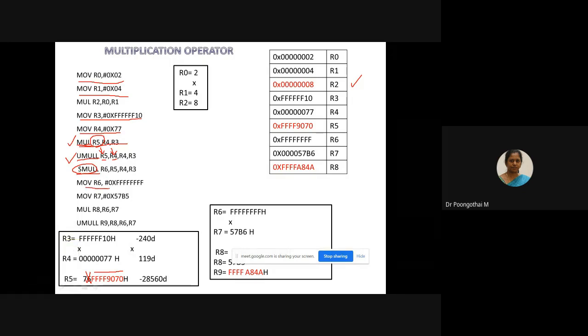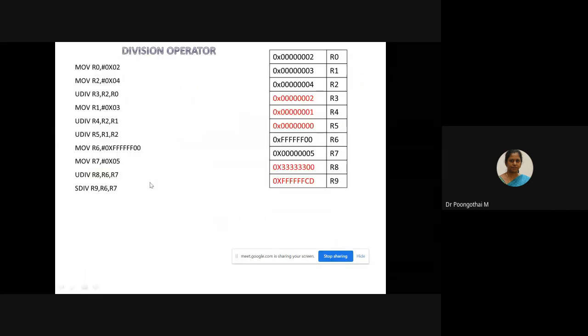Next, your R6 is loaded with this 32-bit value and R7 is loaded with this 32-bit value. After multiplication, your LSB 32-bit answer will be held by R8. This is very similar to this instruction. Next class we will see about the division operation.